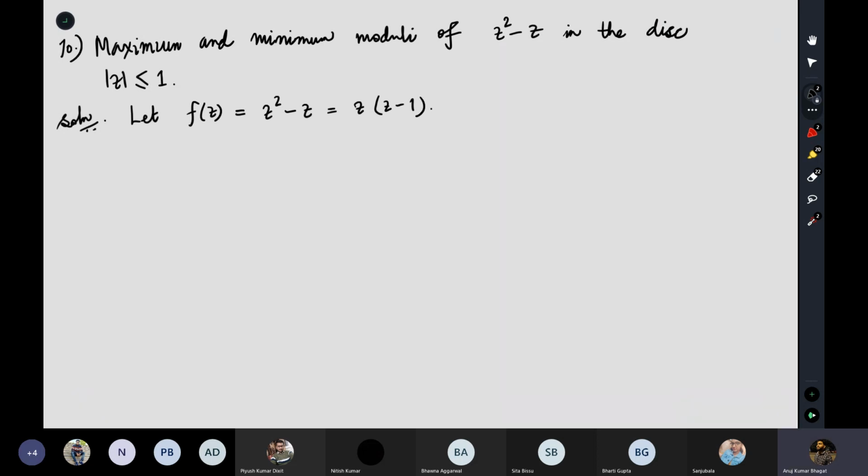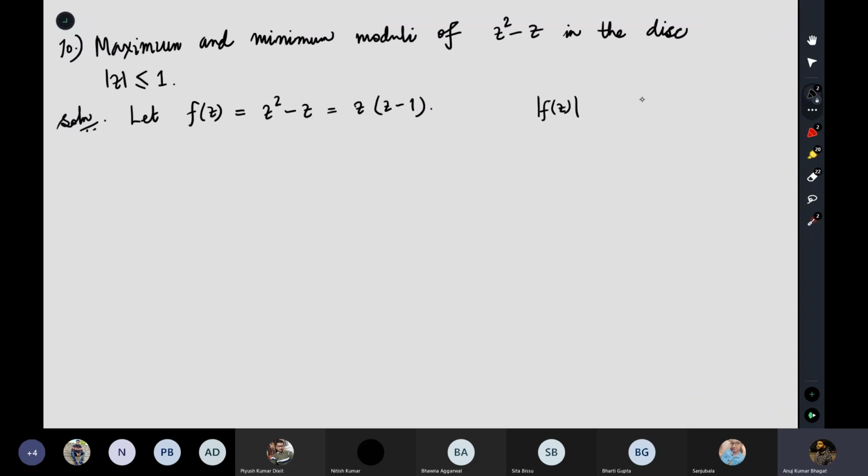So how to start? Any approach, any idea from your side? You have to find the maximum and the minimum of this.